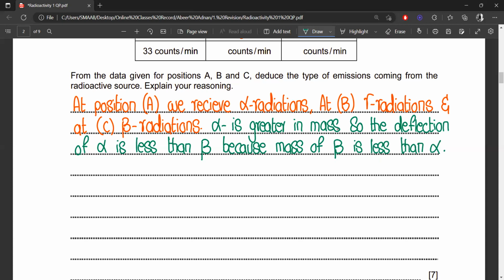Third, we have to identify the property of gamma.